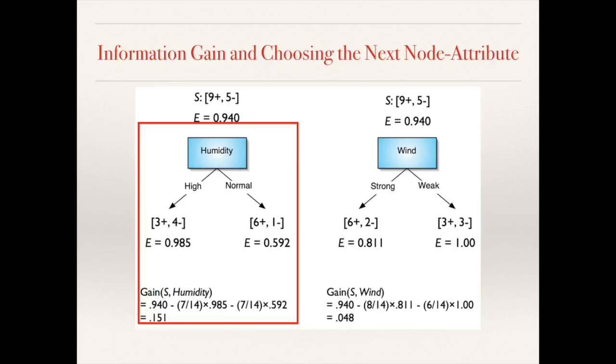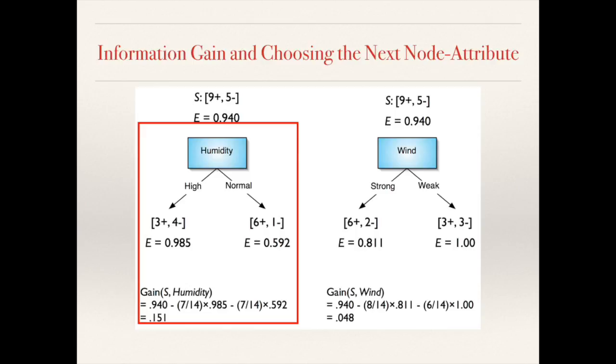Now if we test the attribute of humidity, we will end up with 2 subtrees. In the first subtree, we will have 7 examples. 3 of them are positive ones and 4 of them are negative ones, and the entropy of that subtree is 0.985.